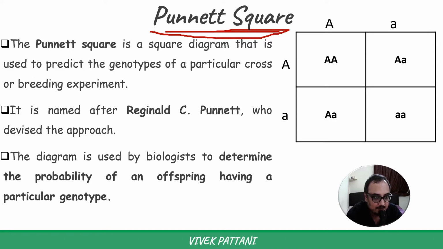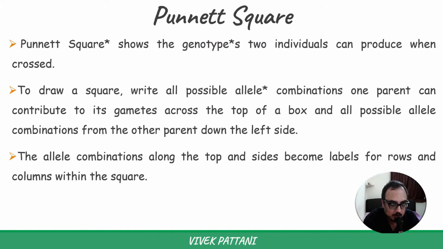It is named after the scientist Reginald C. Punnett, who devised this approach, and it is used by biologists to determine the probability of an offspring having a particular genotype. The diagram shown here is an example of a Punnett square.